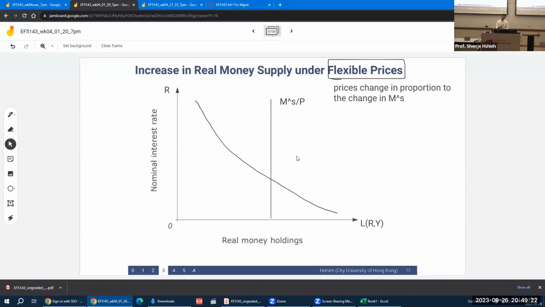Under flexible prices, if the central bank decides to increase MS by some factor, let's say 2, then prices also have to increase by the same factor of 2.